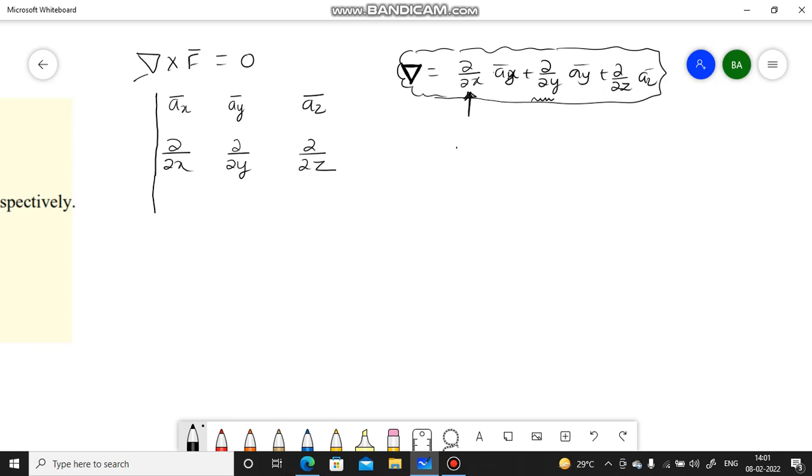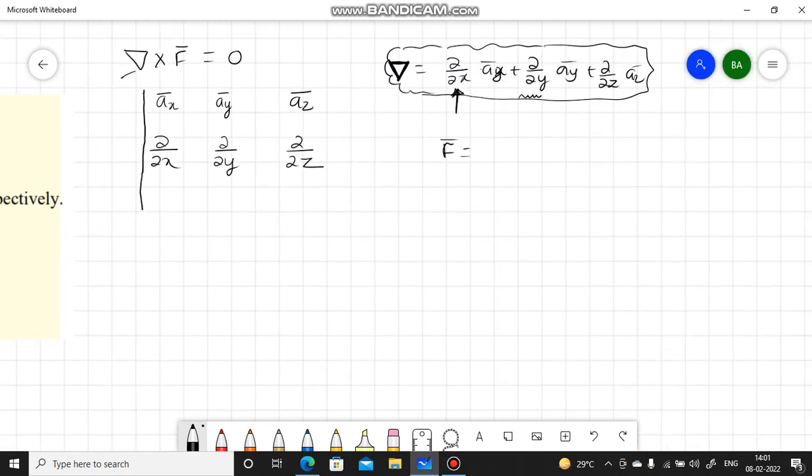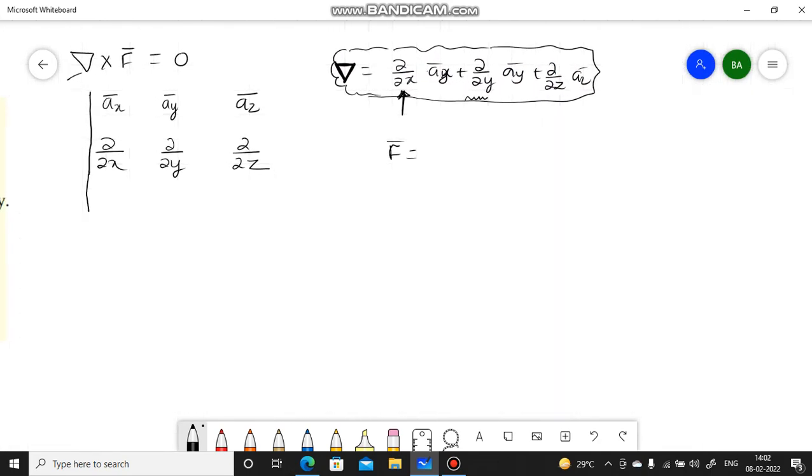The given F bar is (5y minus k1 z) ax bar plus (3z plus k2 x) ay bar plus (k3 y minus 4x) az bar.